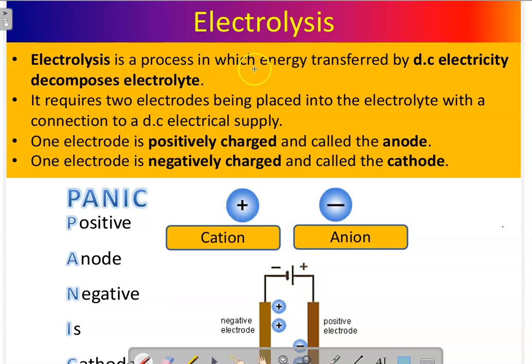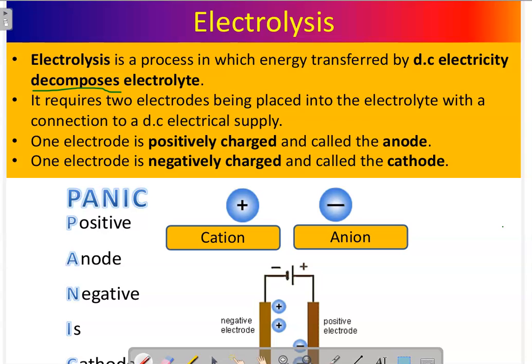Electrolysis is a process in which energy transferred by DC decomposes an electrolyte. Okay, so what we do in electrolysis is that we break down an electrolyte by passing electricity through the electrolyte. Remember that an electrolyte is an ionic compound that is either molten or dissolves in water.